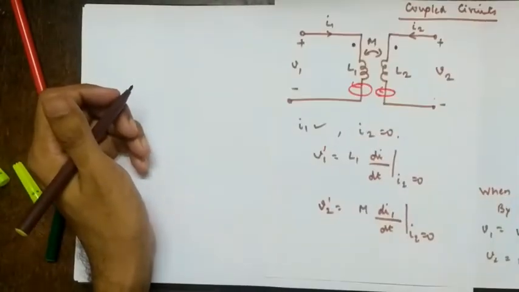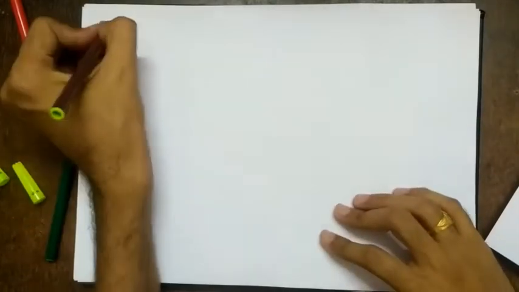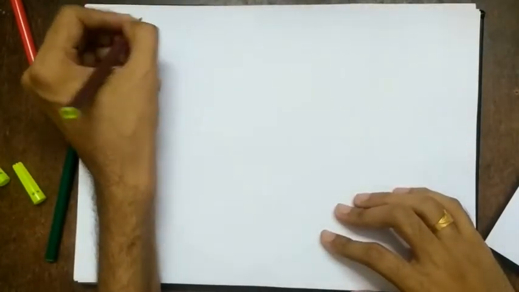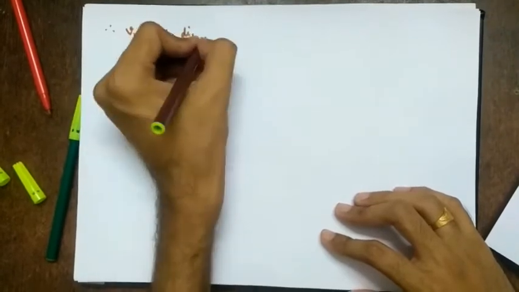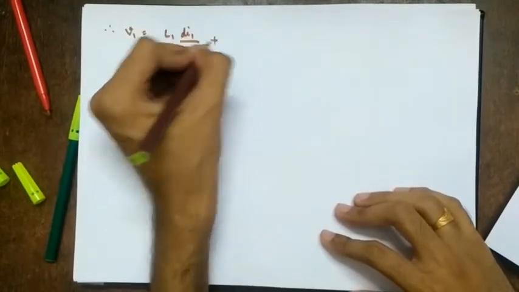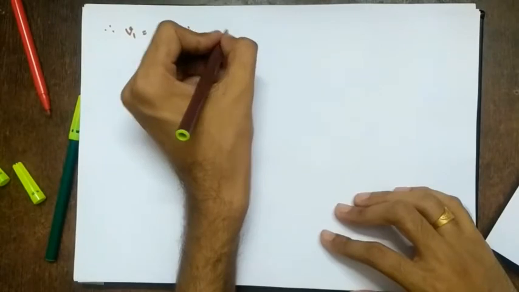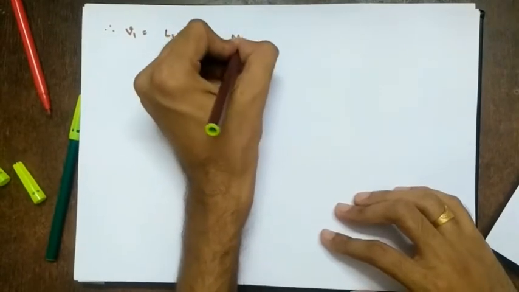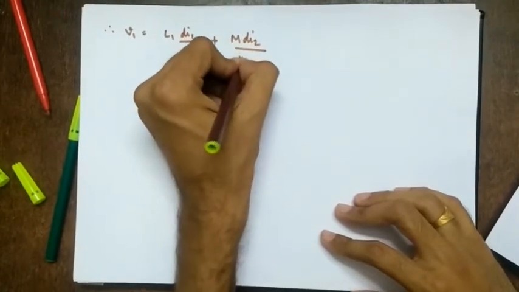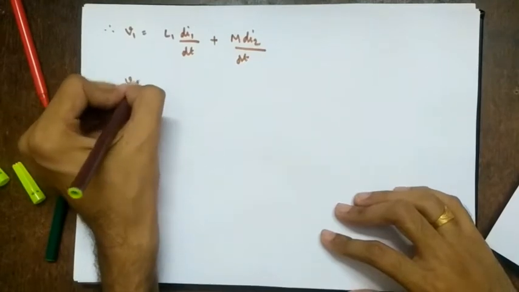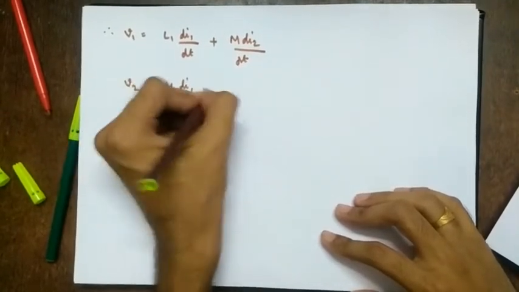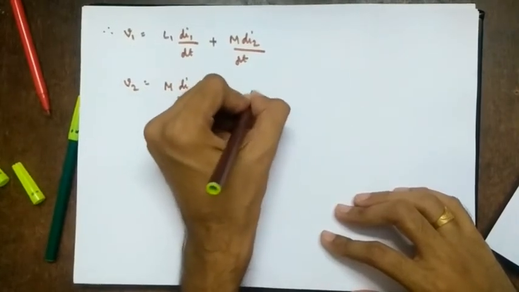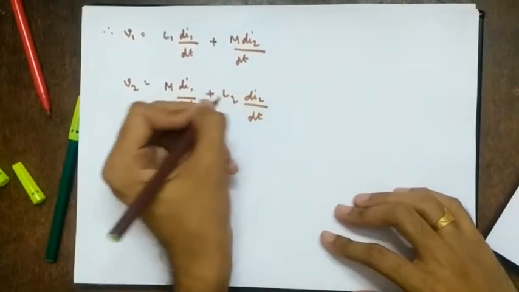So therefore V1 equals V1 prime, which is L1 di1 by dt, so we will not write I2 equal to 0 now, plus V1 double prime, which is M di2 by dt. And similarly, what is V2? M di1 by dt plus L2 di2 by dt.